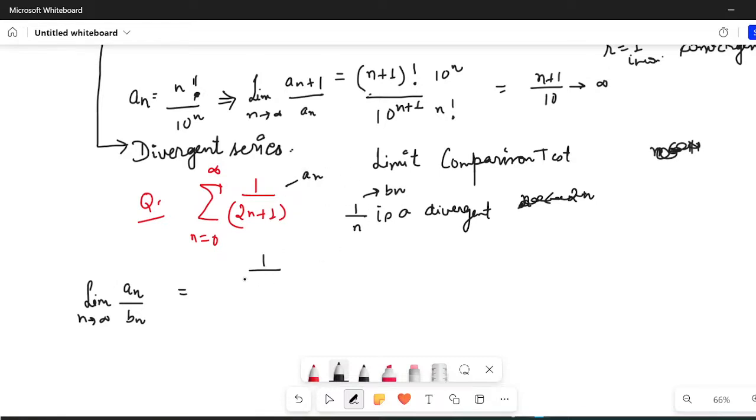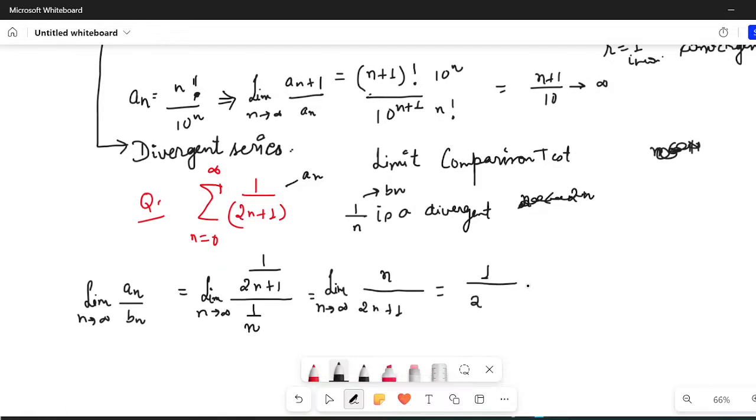So it will be 1 upon (2n+1) divided by 1 upon n, limit n tends to infinity. You will get n upon (2n+1), n tends to infinity. If I take n common out from here, this would be 1 over 2, which is certainly a non-zero limit. It implies summation an and summation bn behave the same way.